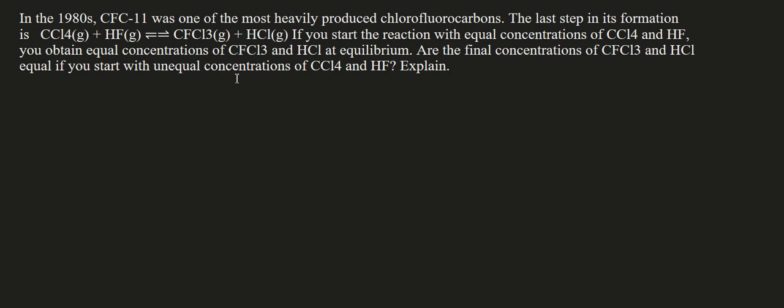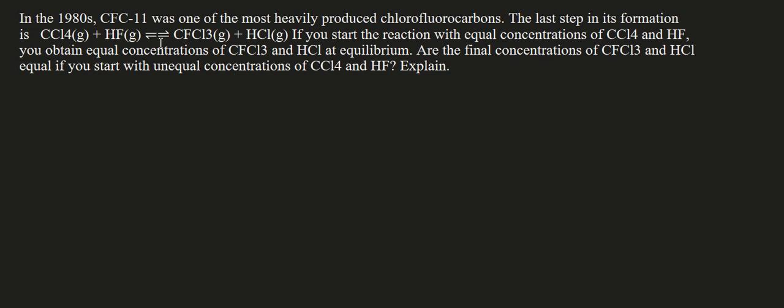If you start the reaction with equal concentration of CCl4 and hydrochloric acid, you obtain equal concentration of CFCl3 and HCl at equilibrium. Are the final concentrations of CFCl3 and hydrochloric acid equal if you start with unequal concentration of CCl4 and hydrochloric acid? And obviously explain your answer.